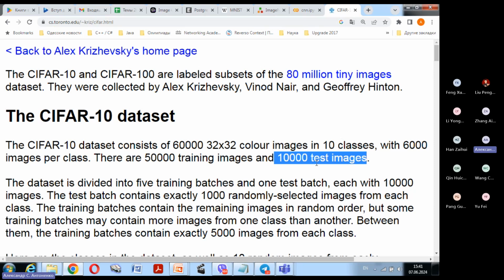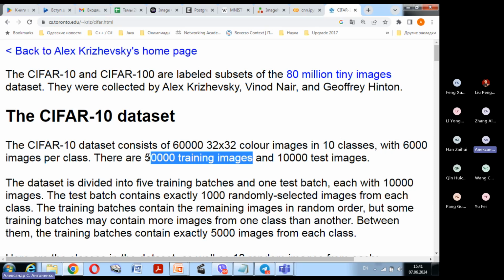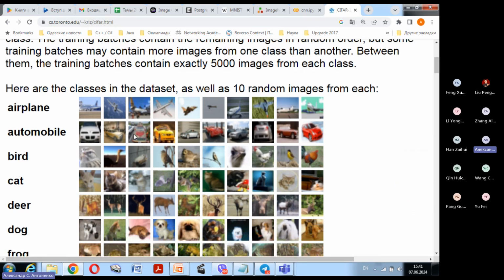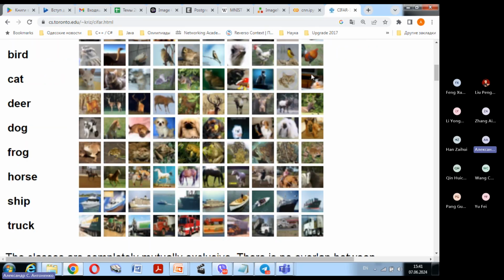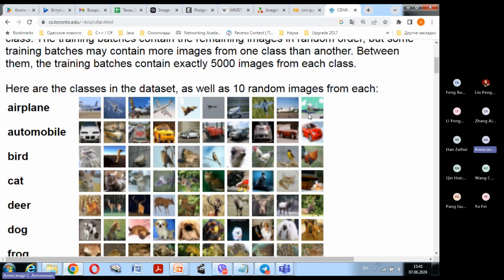So we will train on these images and we say what is this. So when we have, for example, this image, we say that this is airplane, or this is also airplane, and this is automobile, and this is bird. And then let's consider that this last column is test images. So we will not show this.